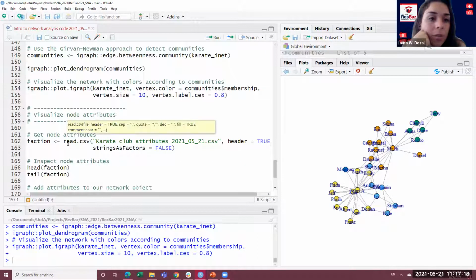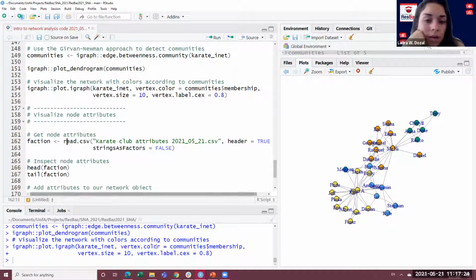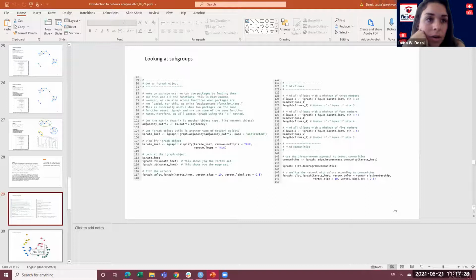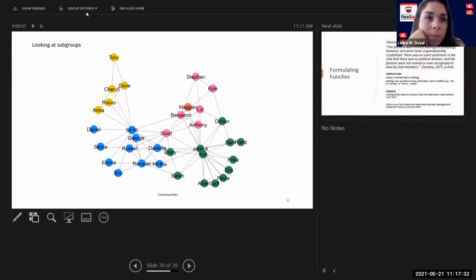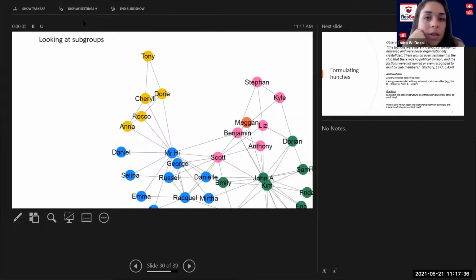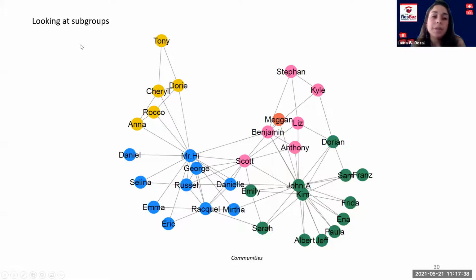Okay, so we've gone over communities. We have not gone over factions. So let's go back to our PowerPoint and look at the next form of how we can split up this network. So here's a better view of our communities within the network.